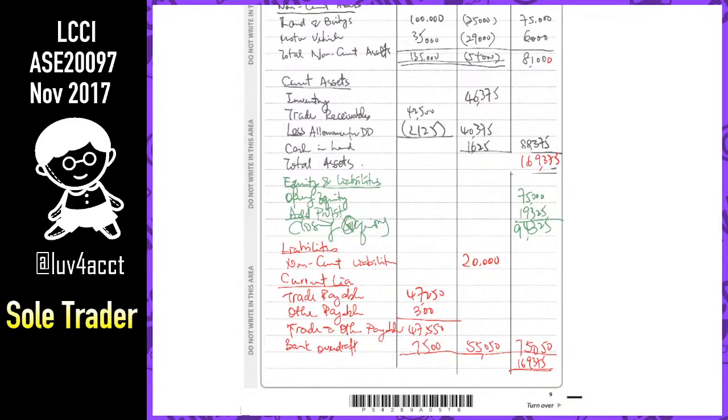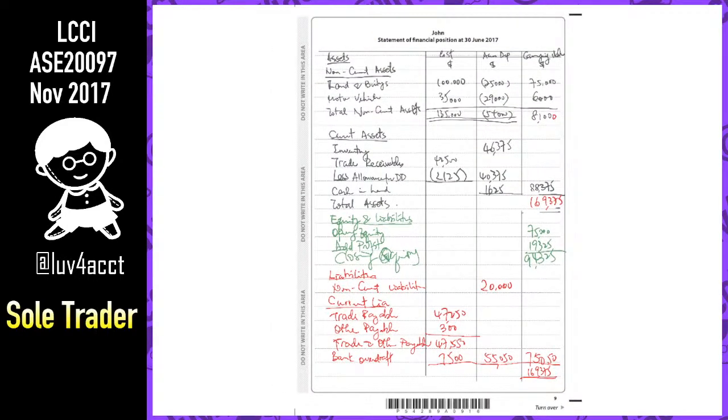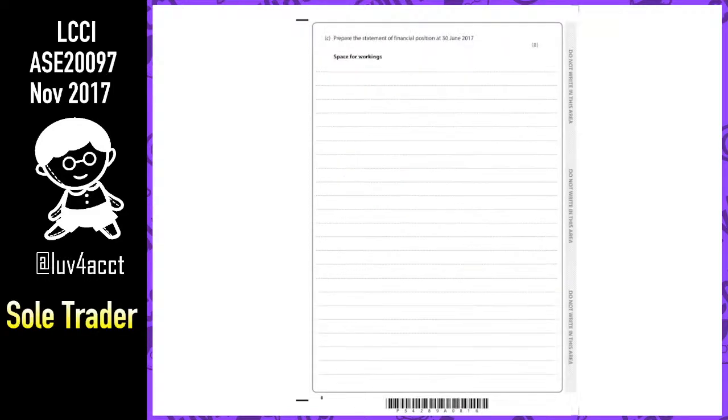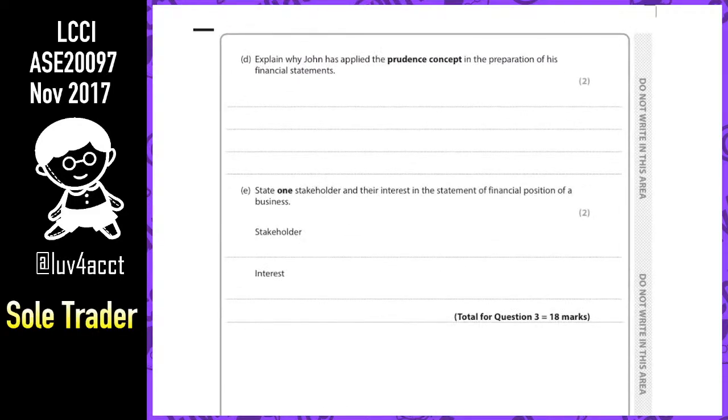So this is the statement of financial position of this business. Okay, so after this, we still have some questions to answer. Explain why John has applied the prudence concept in the preparation of financial statements. Okay, so the prudence concept, we have to explain it.